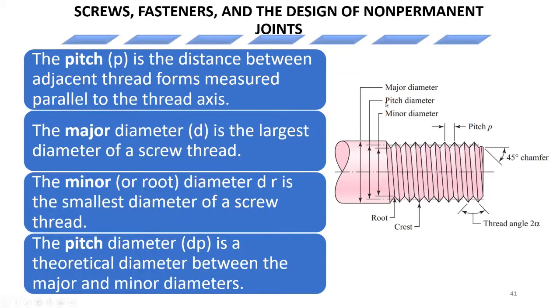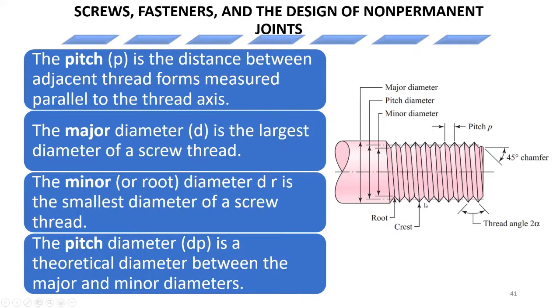Then we also have the pitch diameter. The pitch diameter is intermediate between the major diameter and the minor diameter, and it is the theoretical diameter between the major and the minor. Actually, we can say that the minor diameter is the diameter of the root, that is the root diameter, from that point to that point.